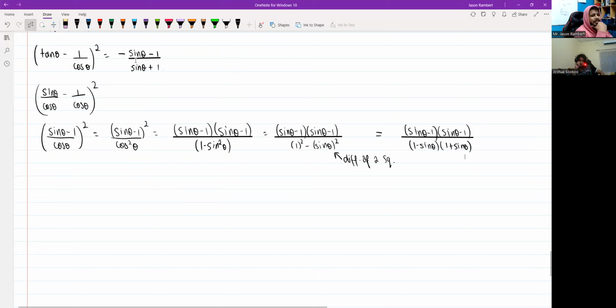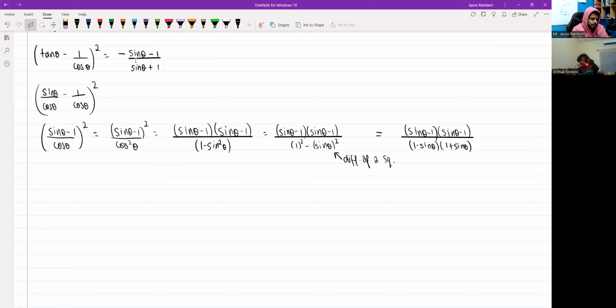But the problem here is nothing could cancel. Absolutely nothing on the top is equal to something on the denominator. Going back to one of the skills we learned, multiplying by the number 1. 1 takes an infinite number of forms, correct?